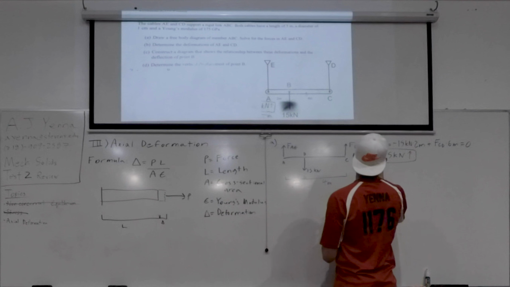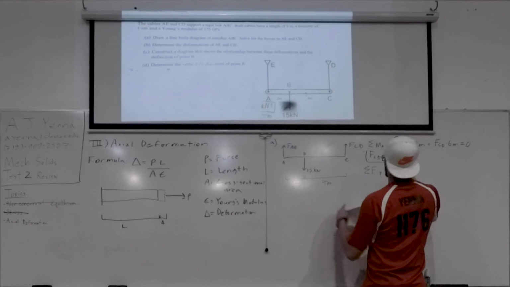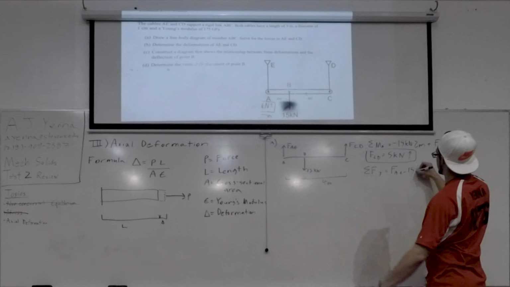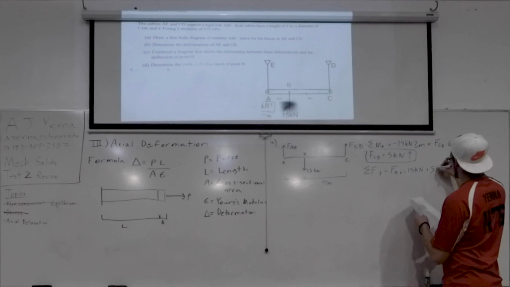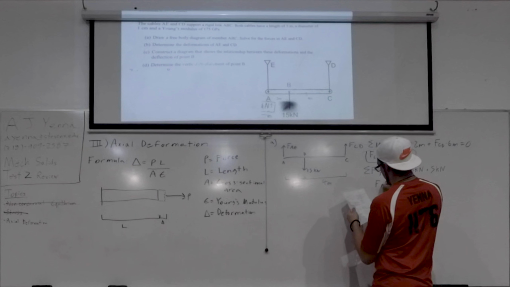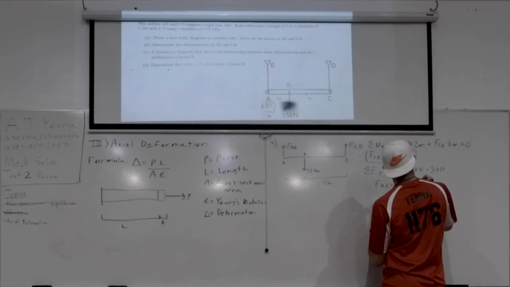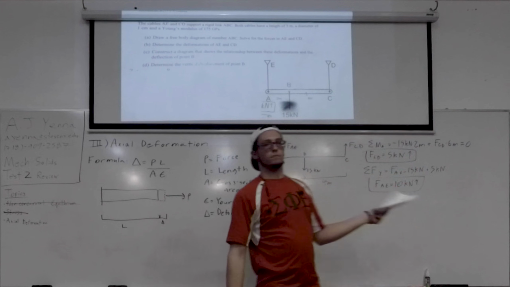And then summation Fy is force of AE minus 15 kilonewtons plus 5 kilonewtons equals 0, so AE is 10 kilonewtons up.